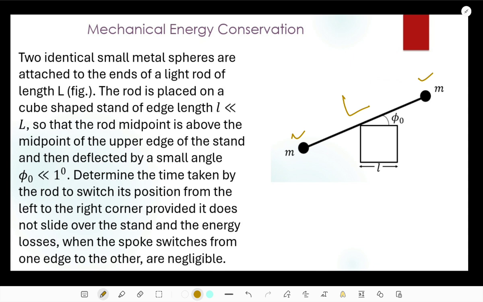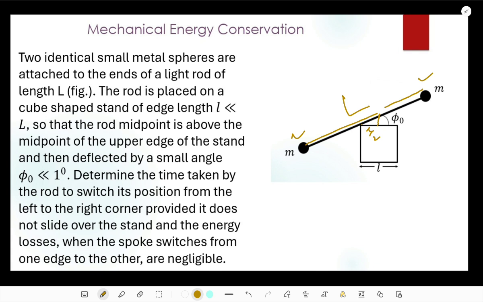And the rod midpoint is above the midpoint of the upper edge of the stand. Midpoint, that should be at a distance L by 2 and a small l by 2, and this length could be L by 2, capital L by 2, though it doesn't seem like that, but this seems to be the statement of the problem.